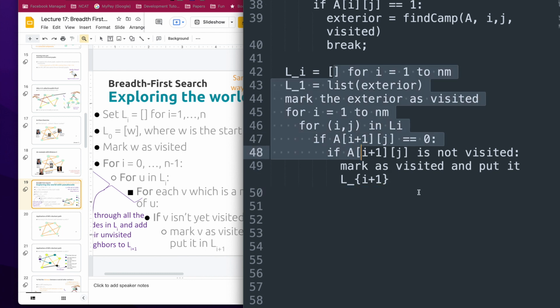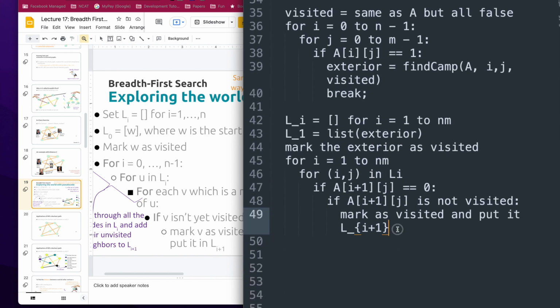But if you do something similar to this, then the other thing you want to keep in mind is you want to break out of this loop as soon as you have reached a value.